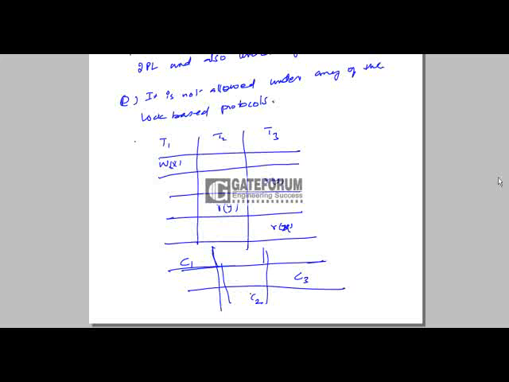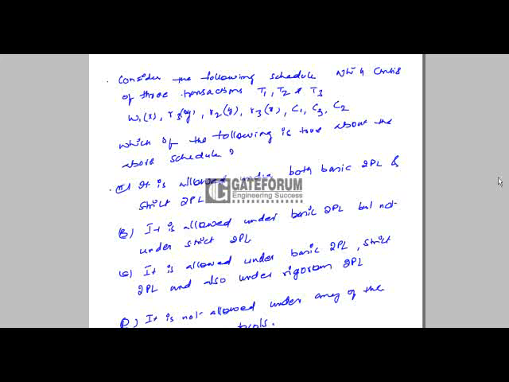So here if you see the options, it is allowed under both the basic 2PL and strict 2PL. In two-phase locking protocol, all the locks should be acquired in the growing phase and all the locks should be released in the shrinking phase.